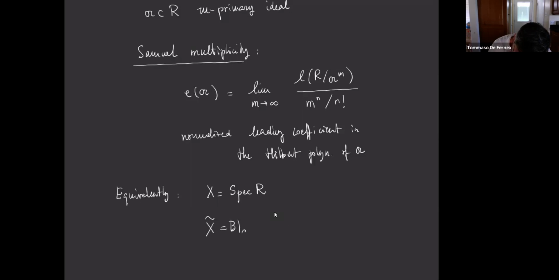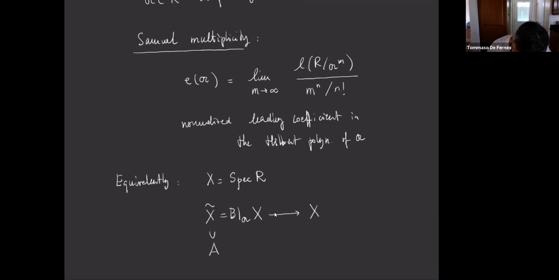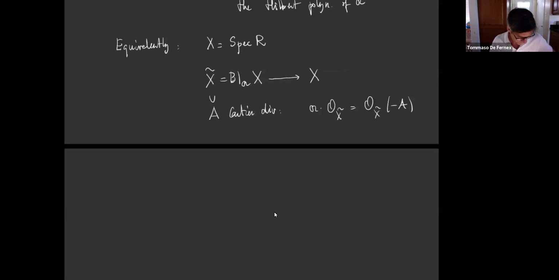You take the blow up of the ideal A, X tilde to X. And there is a Cartier divisor, which is given by A times O of X tilde, the pullback of A, is equal to O of X tilde of minus E. So it's the exceptional divisor of the blow up. And then if you have this, there is an interpretation of this number as an intersection number, which is (-1)^(n-1) times E to the n.